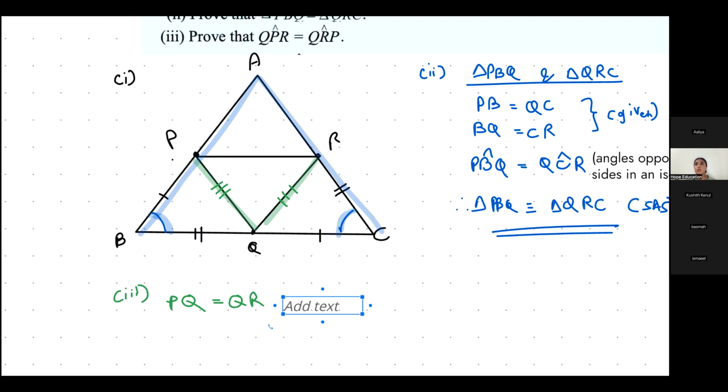Because if two triangles are congruent, every element of one triangle is equal to the corresponding element in the other triangle. So, corresponding sides of congruent triangles. Now, if PQ and QR are equal, can you see that triangle PQR is an isosceles triangle?